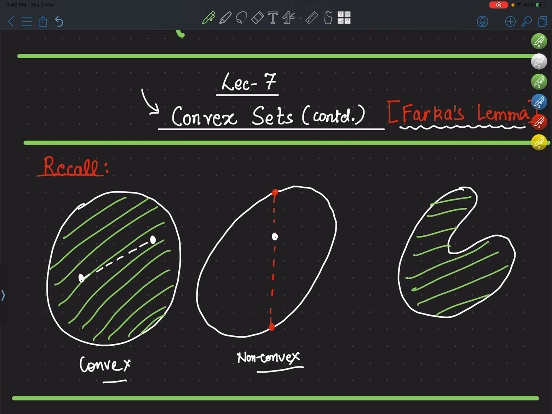If we take 2 points like this, then on the line segment joining those 2 points there are several points which do not belong to the set. So this is also an example of a non-convex set. With this basic idea, let's move ahead and derive some of the results which will help us derive Farka's lemma.